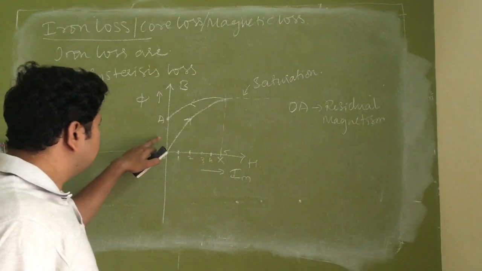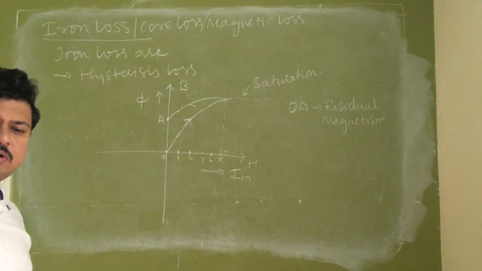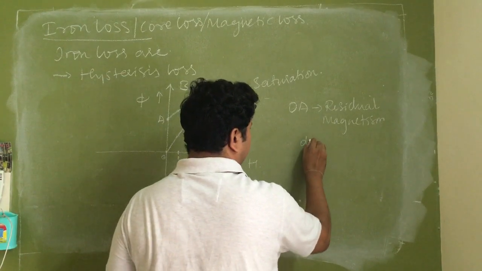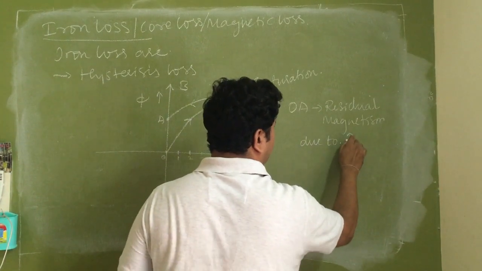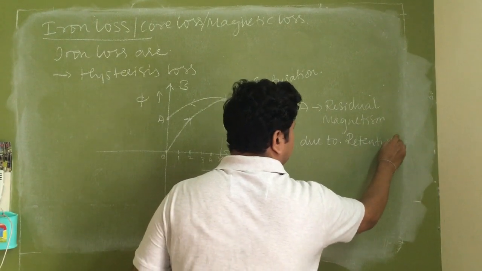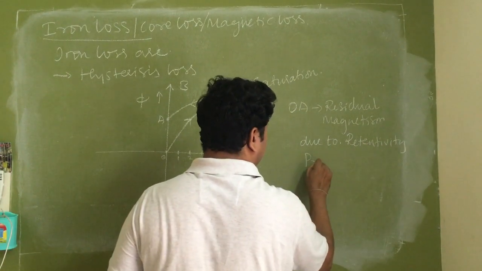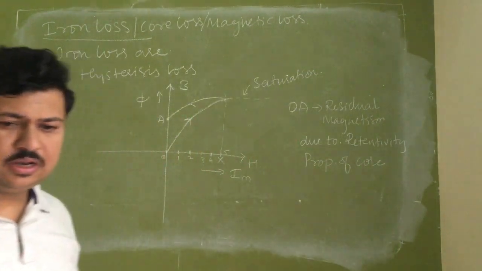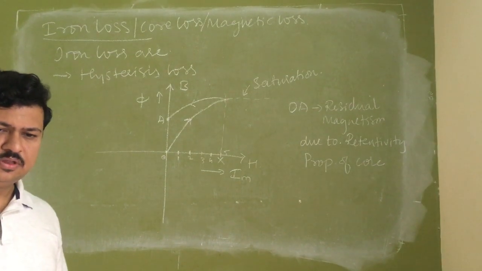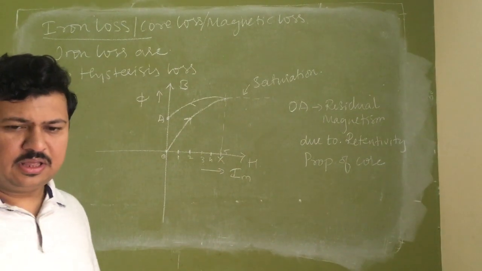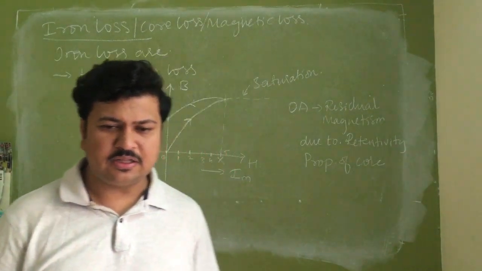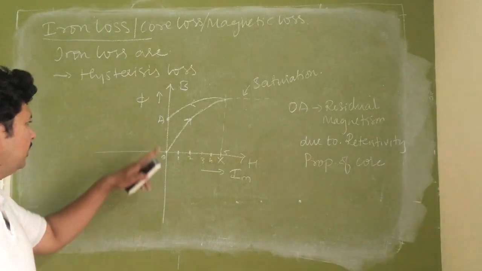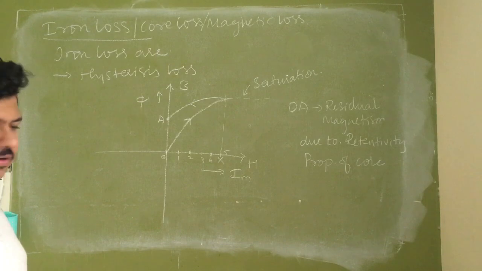It will be so because of one property of magnetic material, called retentivity, due to the retentivity property of the core. Here I am discussing the core. What is retentivity? It is the ability of a magnetic material to retain magnetism even when the magnetizing force is 0. It won't happen suddenly for the first input.